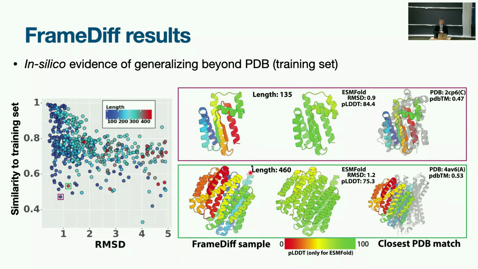So these are two proteins that the model generates. One is short and one is long. And then we look in the PDB, which is the dataset, for the most similar protein to this. And that's overlaid in gray, where you can see that these two proteins are extremely different and these two proteins are extremely different as well. So the model is able to generalize and learn beyond the training set, which is a very good indication for this model.